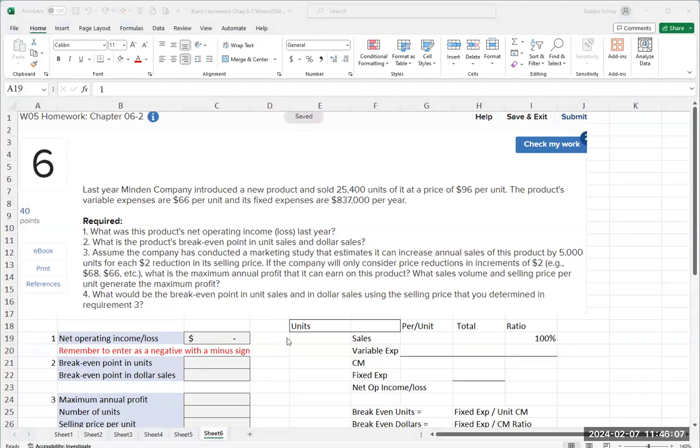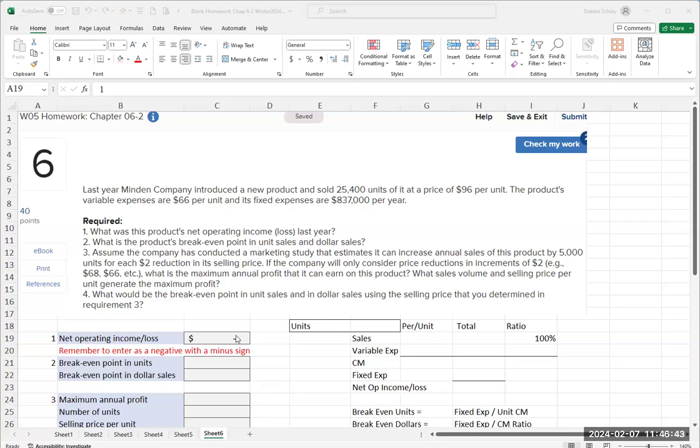I'm going to throw this out there at the very beginning. This is the first time where even though if you end up with a net operating loss, even though you're labeling it a loss, you have to put it in with the negative, with the minus sign if you get a loss. Otherwise, it will be wrong in the book because the computer is correcting it. And so even if you have the right number, you've got to have the minus sign just on this required one for number 6.